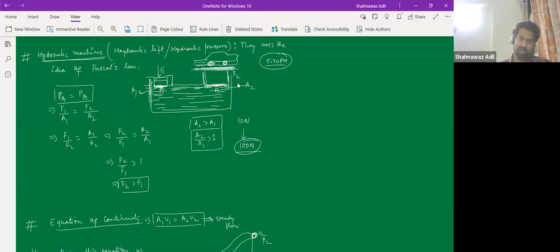This is very important: Bernoulli's equation and Torricelli's law, that with what speed the water will come out of that hole. That is given by Torricelli's law. And then you have barometer, manometer, and all.